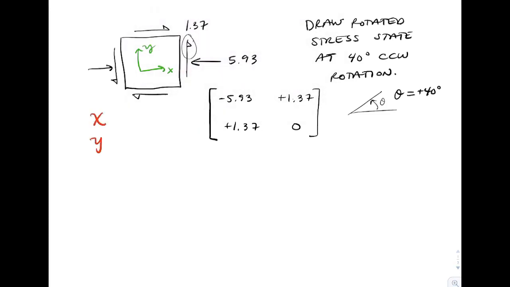So we need our 2 points, x and y. On the x face, we've got minus 5.93 normal. On the y face, there is no normal stress. On the x face, right, shear stress. On the positive x face, the shear stress would be causing rotation in the counterclockwise direction.